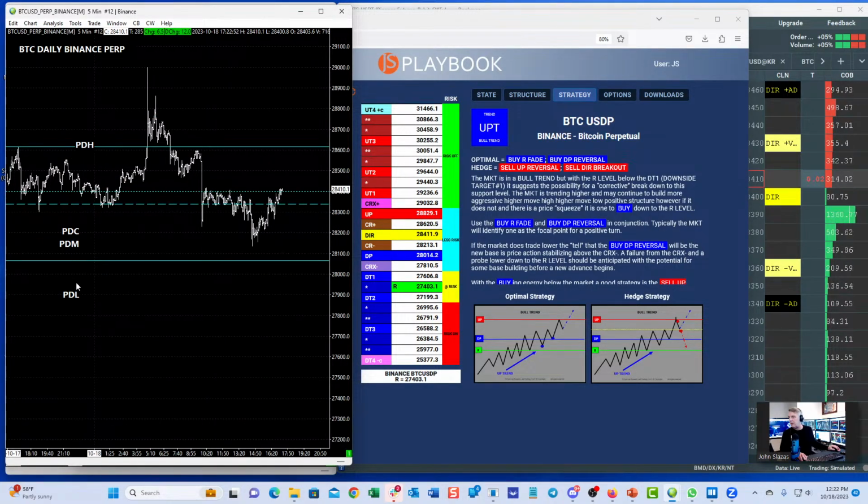So what I've identified here, this is something to always keep in mind, this is what we're talking about: fact-based trading, fact-based solutions. These are the facts.